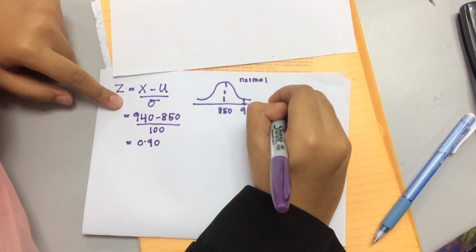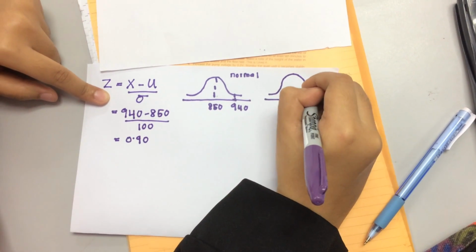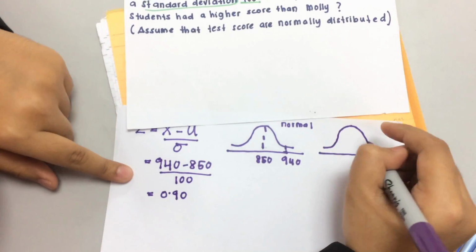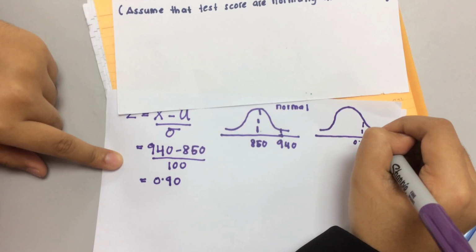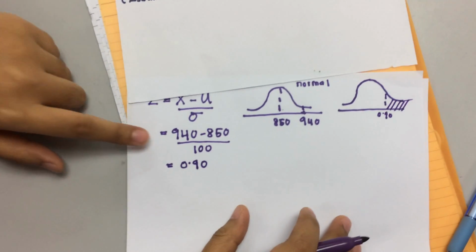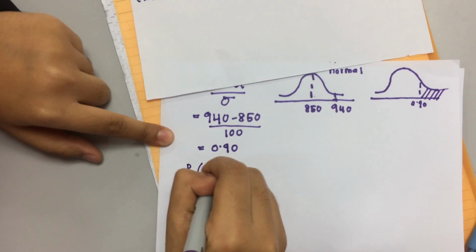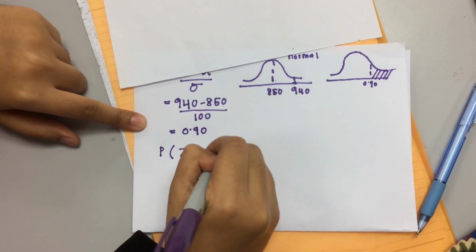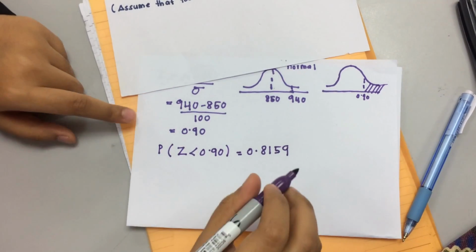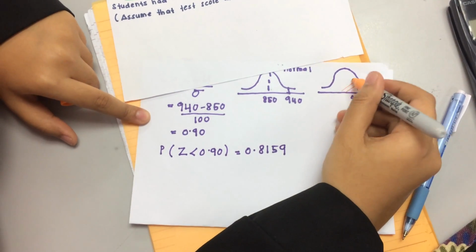Now I will show you the Z distribution graph. The question asks for the students who had a higher score than Molly. This one is 0.9, so we have to find this area. From the Z distribution graph, we can see that P of Z less than 0.90 is 0.8159.